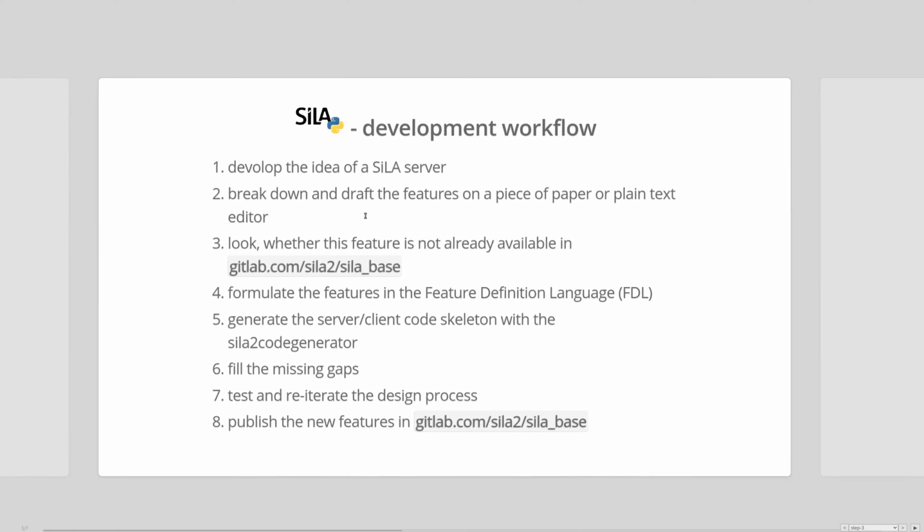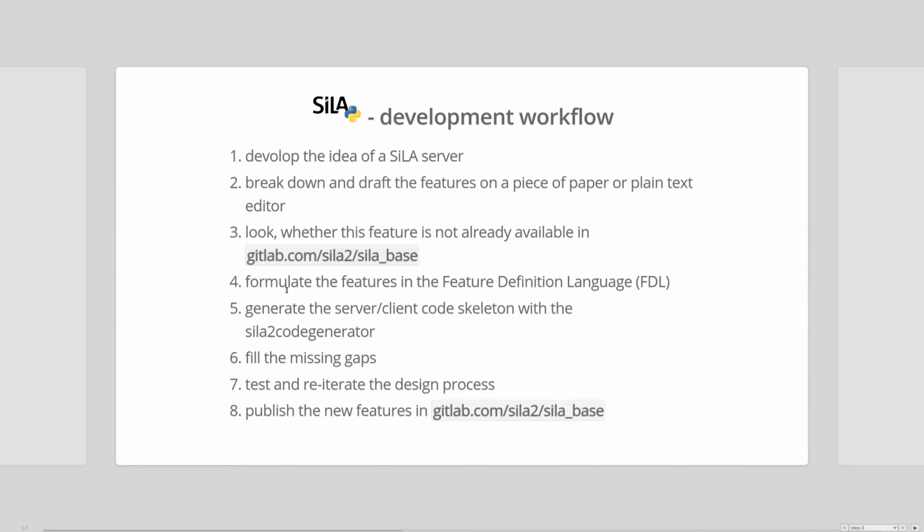Okay, when you're done, you can use our SiLA code generator that translates this XML feature definition language file into a server and client code skeleton. Python, of course, skeleton.